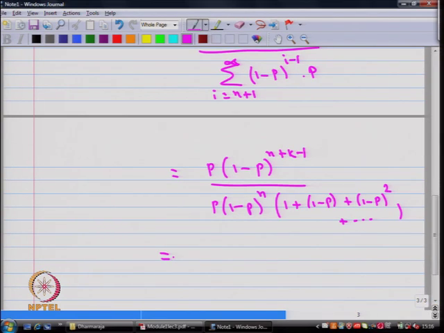Therefore, you can still simplify, you will get (1 minus p) power n plus k minus 1 divided by (1 minus p) power n, and this series will have the value 1 minus p.